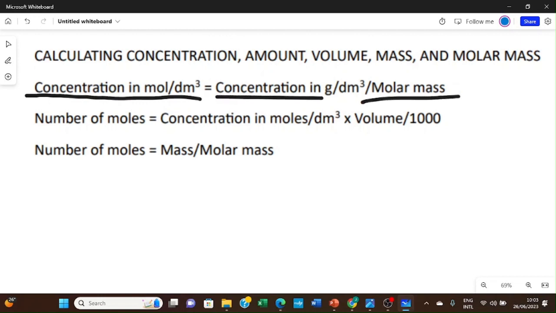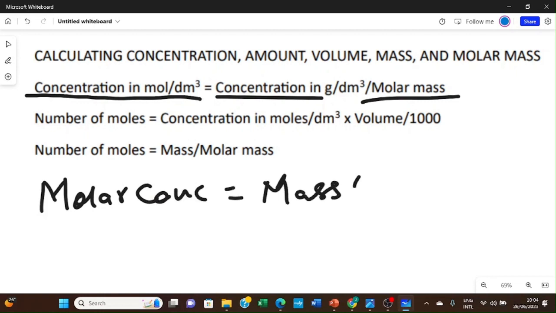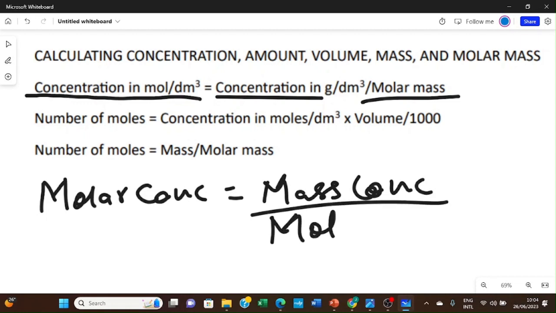That means molar concentration is equal to mass concentration divided by the molar mass.